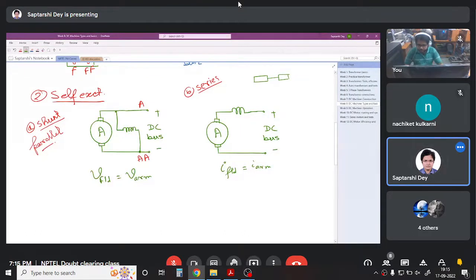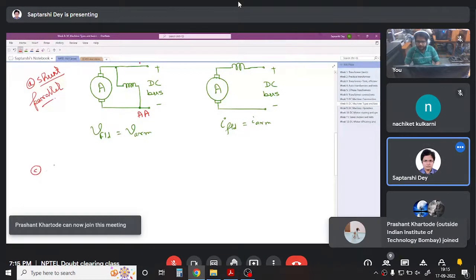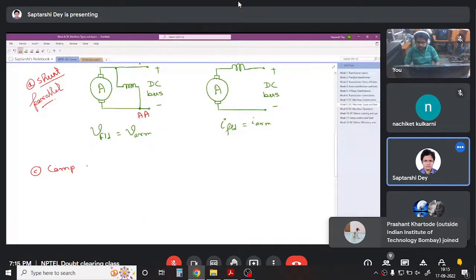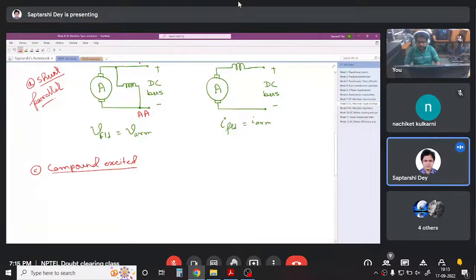So we have shunt and series. These are the two most fundamental excitations of a DC machine, and there are mixtures of them. The mixture is compound excited. That is, there are both shunt and series connections.